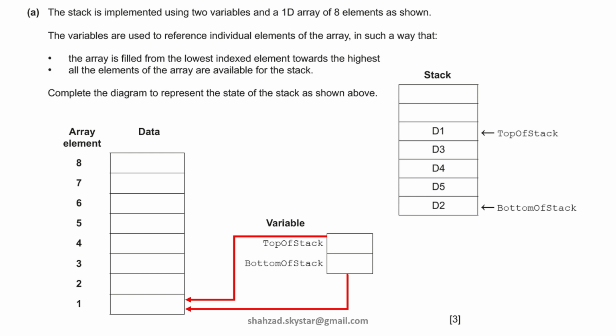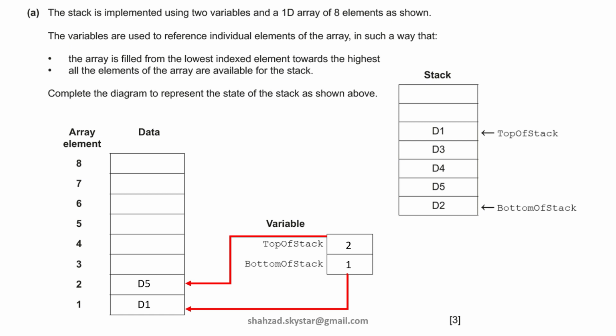Okay. First of all, top of the stack right now is an empty variable, bottom of the stack is also empty, they don't have a value now. Suppose I start array elements with 1, then I am going to enter the D1 value, and top of the stack will point to index number 1 and bottom of the stack will be on 1.